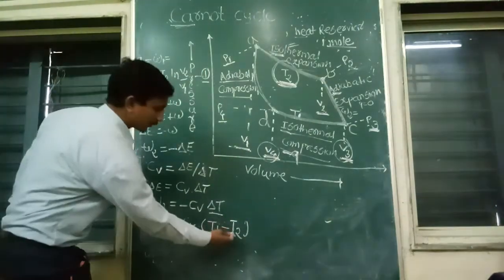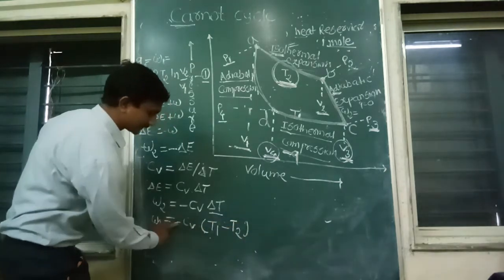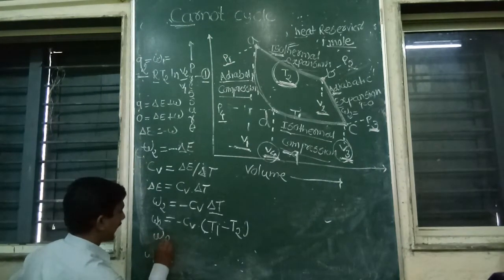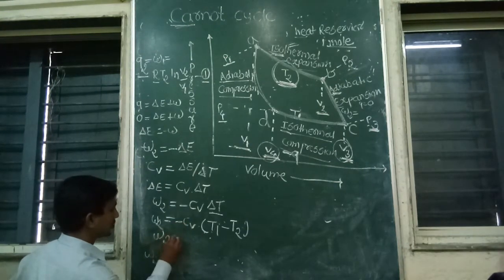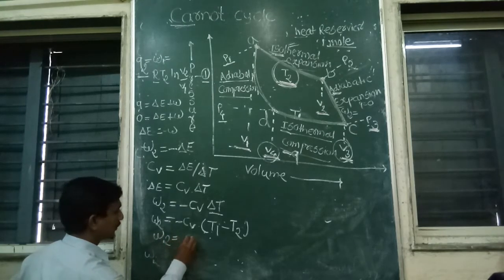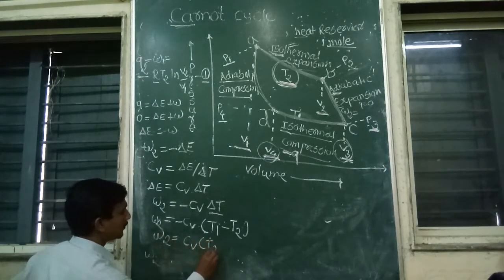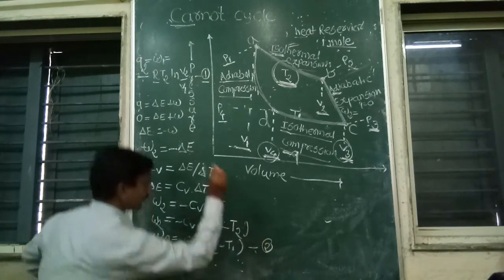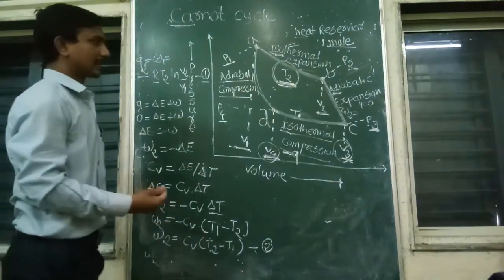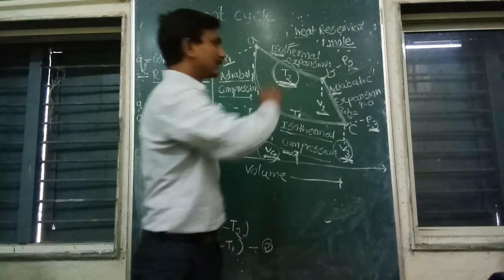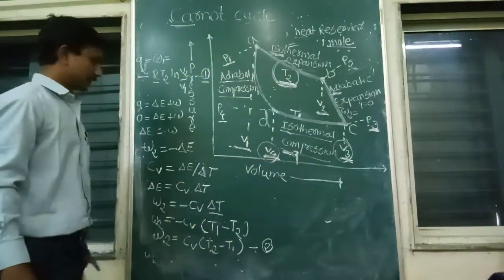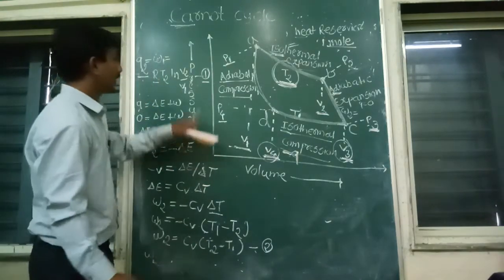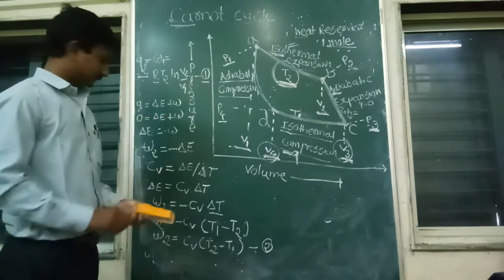Now if we take T2 first and T1 after, the sign will change. Okay, so rearranging this equation we can write W2 is equal to Cv T2 minus T1. So this is the work done during second step, the adiabatic expansion. So W2 is equal to Cv T2 minus T1. So note down equation 2 as well as equation 1.